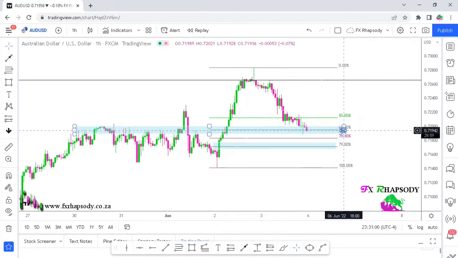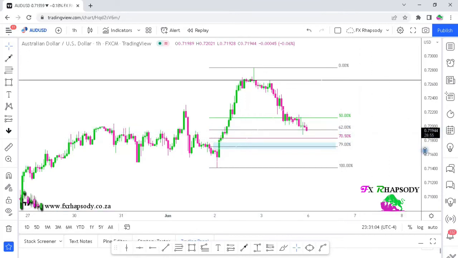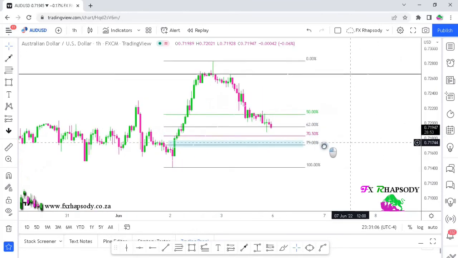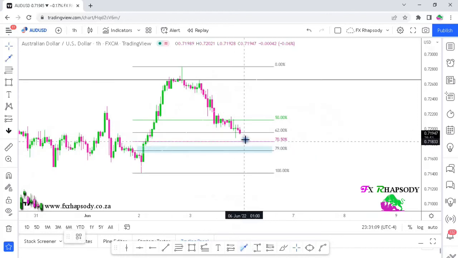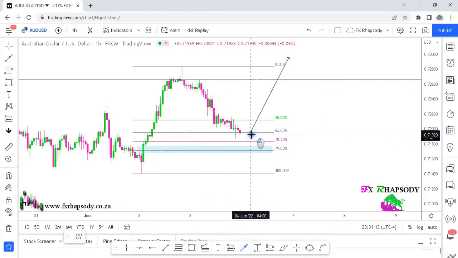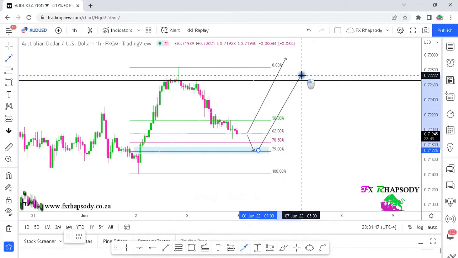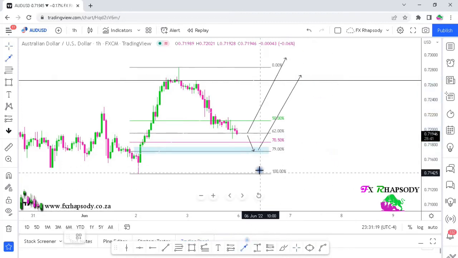Okay, so we will have to keep an eye on this pair right now on the lower time frames to see what's happening. Will it start moving up? Or is it going to come down even slightly, hitting that gap in the market, then go up? Or is it just going to start breaking down?